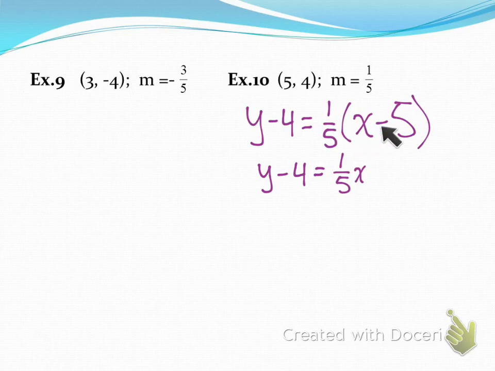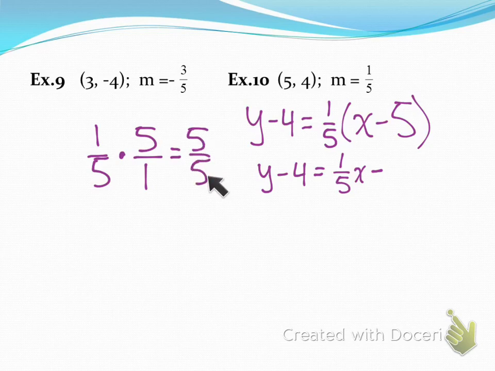A positive times a negative means it will come out to be... Nope, you were right, negative. So then over here, if we take 1/5 times 5, what can I put underneath that 5, Connie? A 1. And we multiply straight across, so it's 1 times 5 and 5 times 1. Can we simplify 5 divided by 5? What does it come out to be? Just a 1. So we can just write that as y minus 4 equals 1/5 x minus 1.